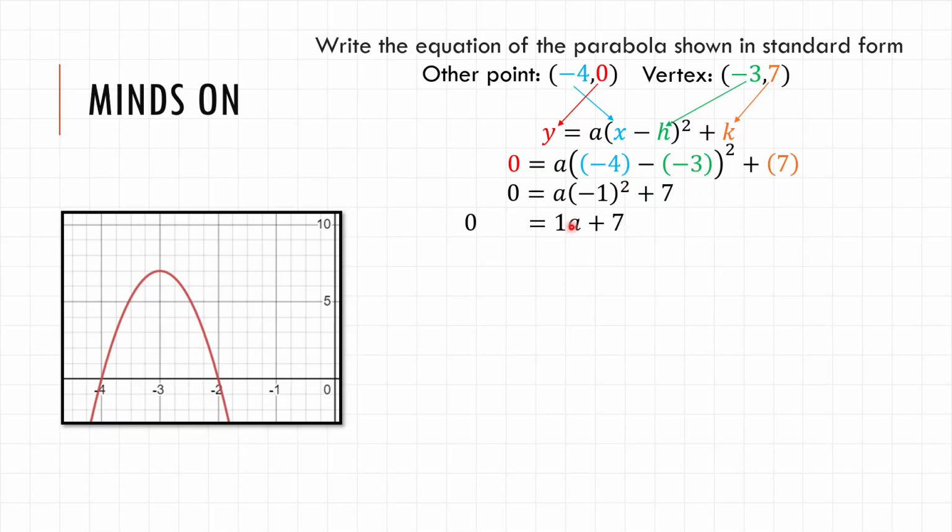And now if I just want to isolate a, I can subtract 7 on both sides, and then I'll find out that the value of a, 1 times a is just a, of course, is -7. And that means I know that the equation of this parabola, not in standard form, but in vertex form, is this right here, -7 times (x plus 3) squared plus 7.